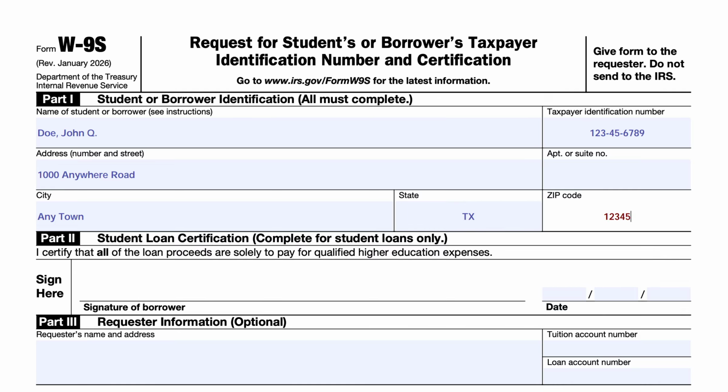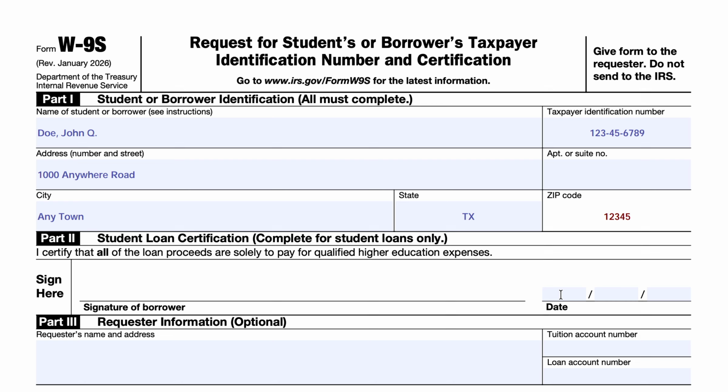All right, so we just completed the form. John would then print it off, sign it, and date it. The reason why you have to sign it is because you're certifying that all of these loan proceeds, if you're borrowing, are solely used to pay for qualified higher education expenses.